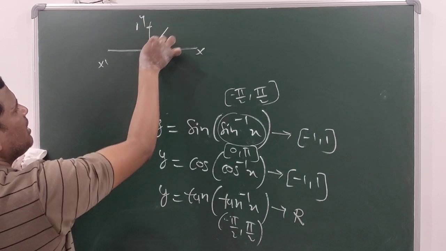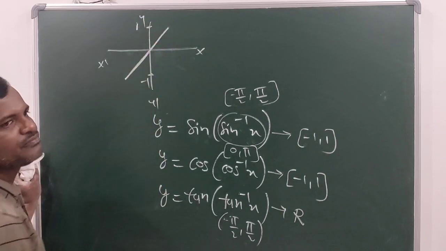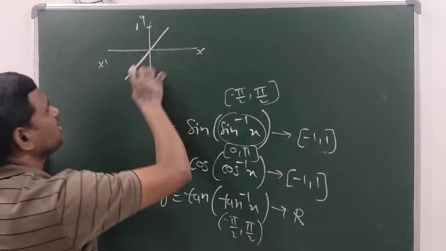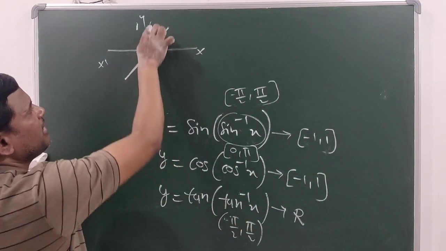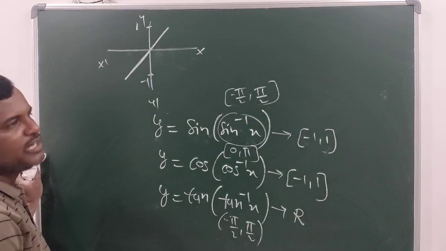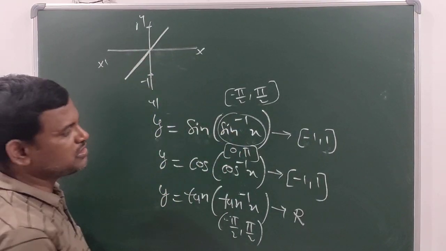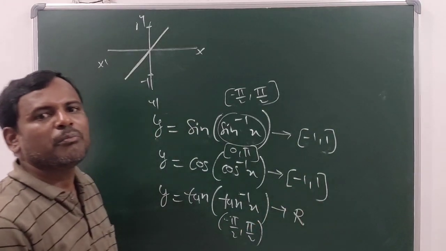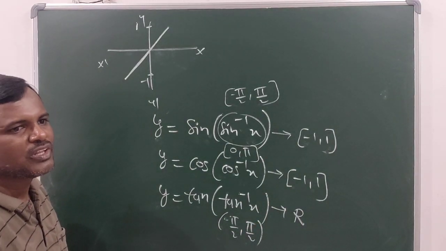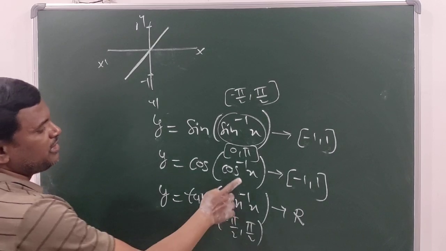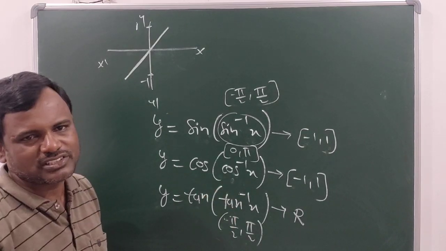So you will get the graph like this only. Here the y value will take from -1 to 1 in this interval only on the y-axis. So it is not a periodic function. Similarly, cos of cos inverse of x, range also -1 to 1, so this is also not a periodic function.